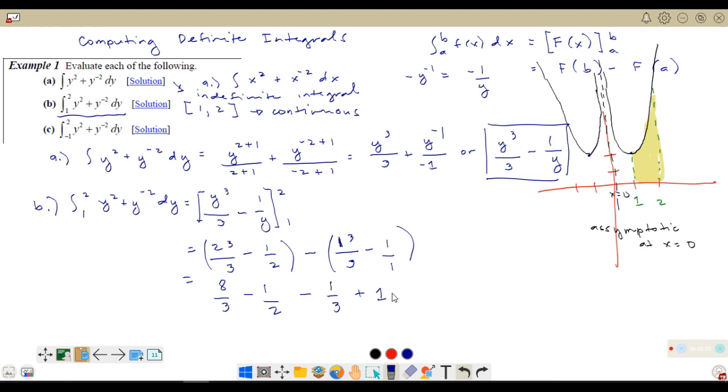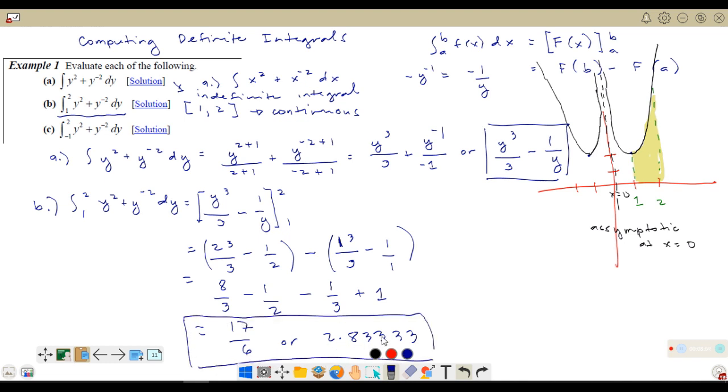Okay, from your calculator, you should get the value 17 over 6 or 2.8333. Okay? So, ito yung value natin for the integral. May sagot tayo, 17 over 6 or 2.833333.